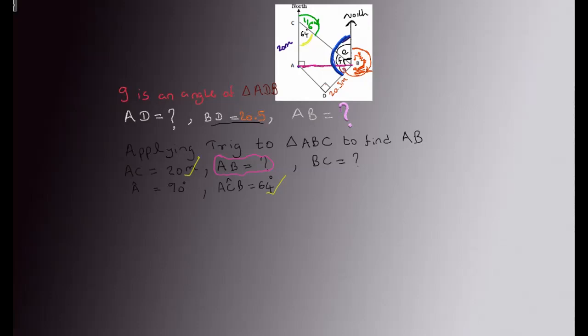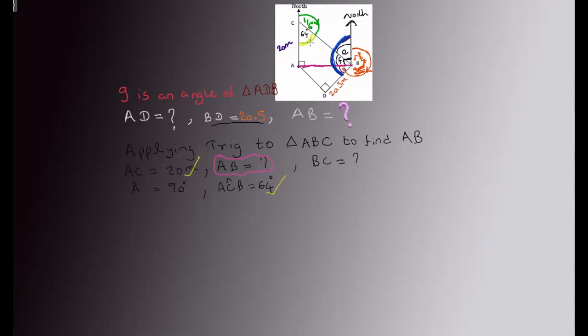So now we're going to decide what ratio we are going to use. How many ratios do we know? We know sine, cosine, and tan. Let's see which one can be applied. We are going to use this yellow angle, the 64-degree angle, and we are trying to find out AB's length.